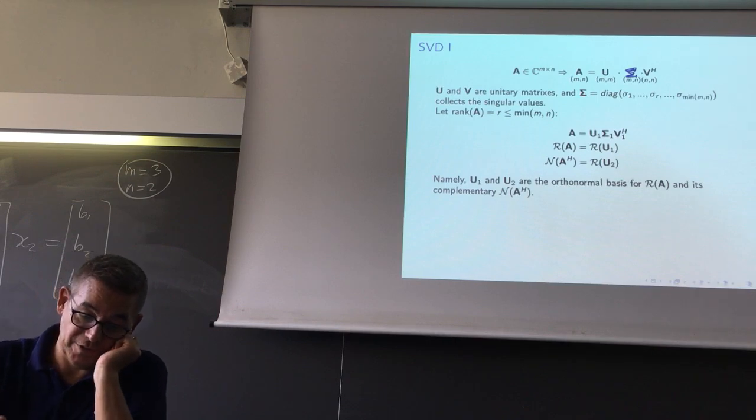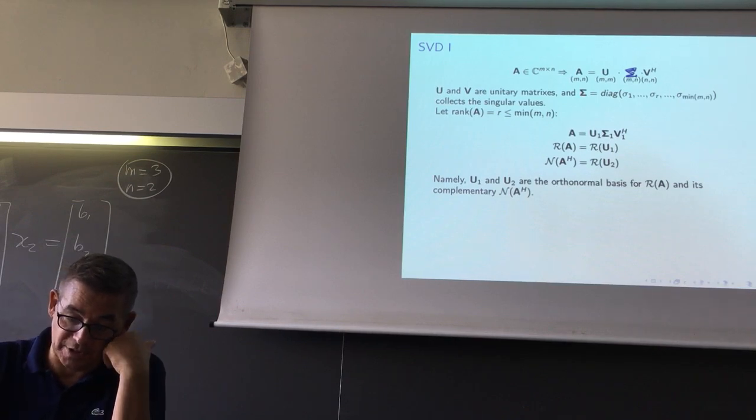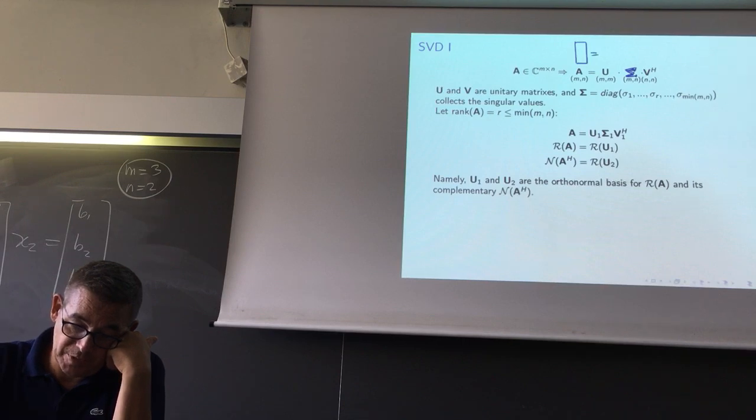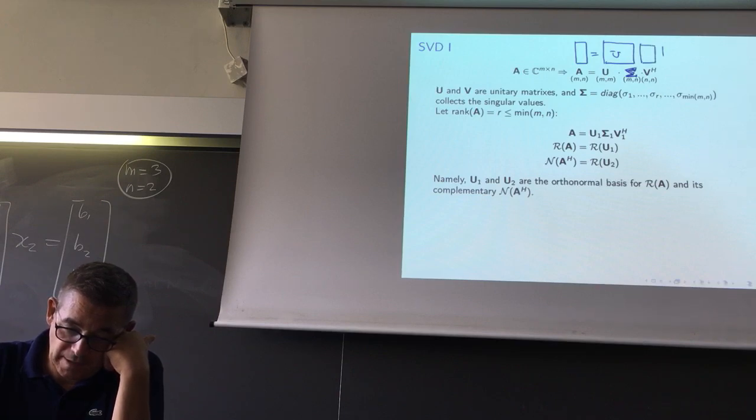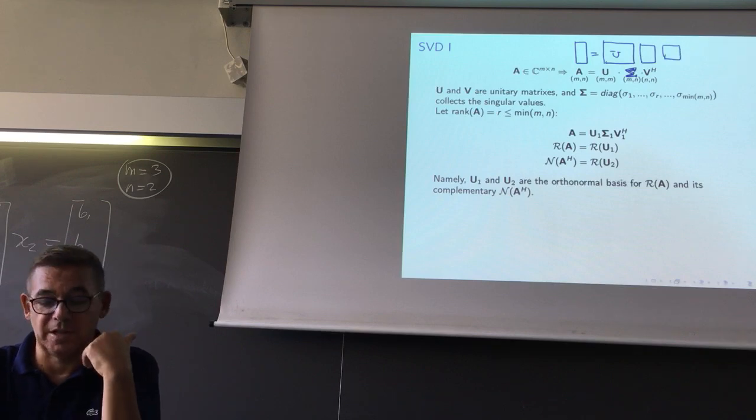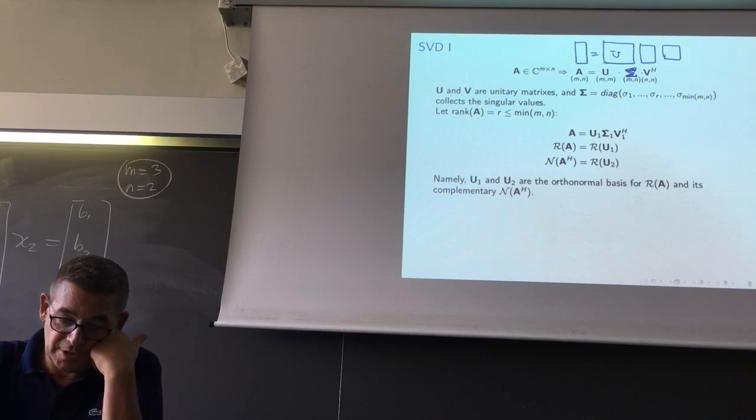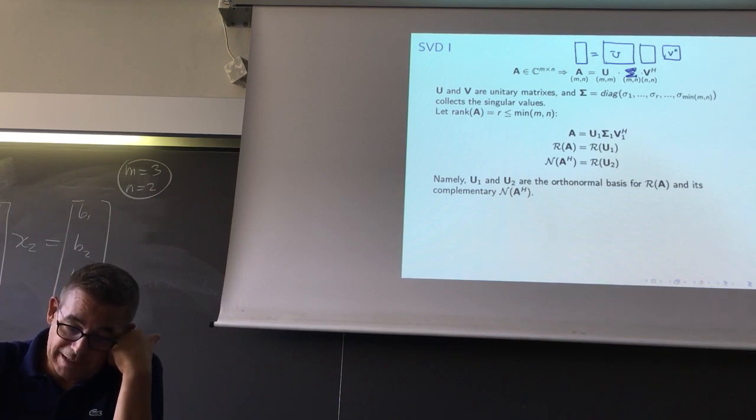Just to visualize the picture, you have a matrix that is, let me say, tall. This can be decomposed into a matrix U, and then a small one, V Hermitian, and then a matrix sigma.